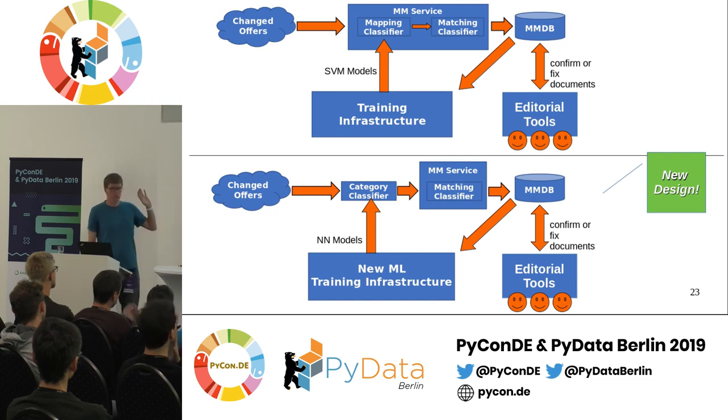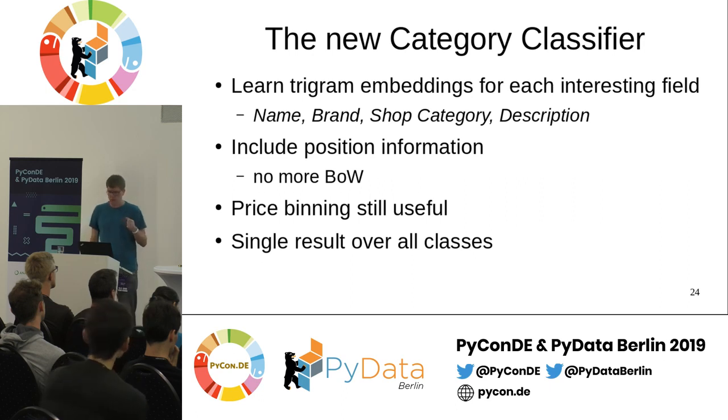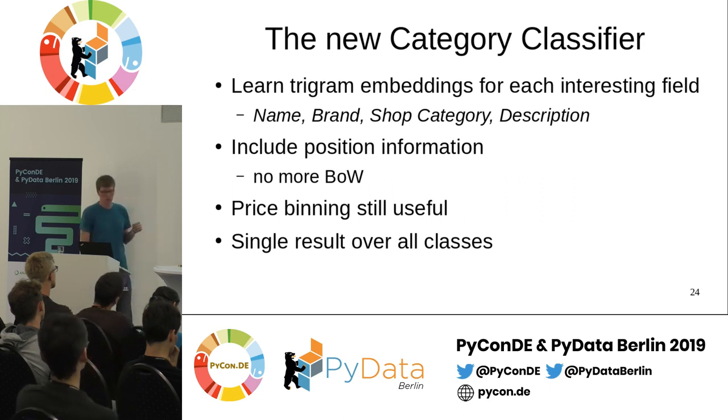So we thought about a new design, introducing a new category classifier using a neural network-based model. The structure we thought was fine. It's working, let's keep this. So we trained a neural network-based classifier and used, again, name, brand, shop, category, and description as the fields, and included price binning, which is still useful.